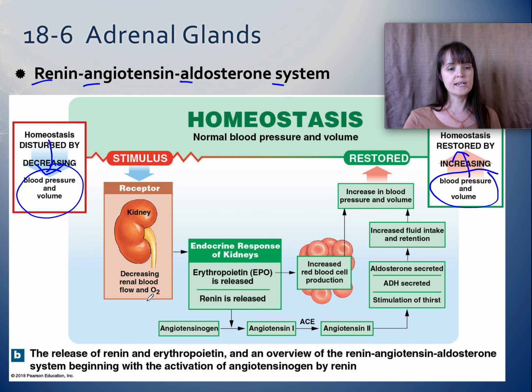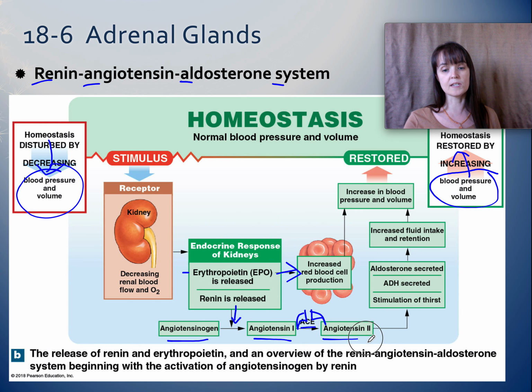So it makes the kidney release erythropoietin, which makes RBCs, and then renin, which turns angiotensinogen into angiotensin 1, and then the lungs release ACE, which is angiotensin converting enzyme, which turns angiotensin 1 into angiotensin 2. And that makes you thirsty. So you drink more water.